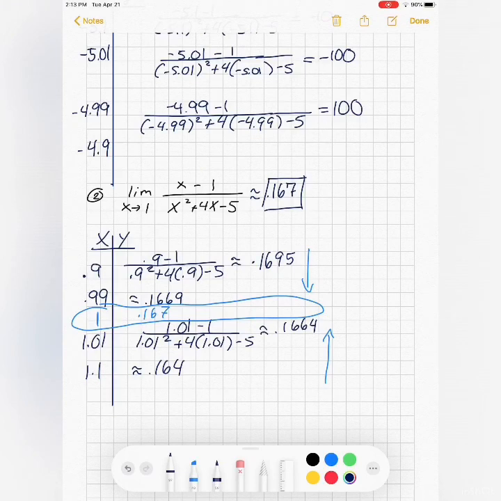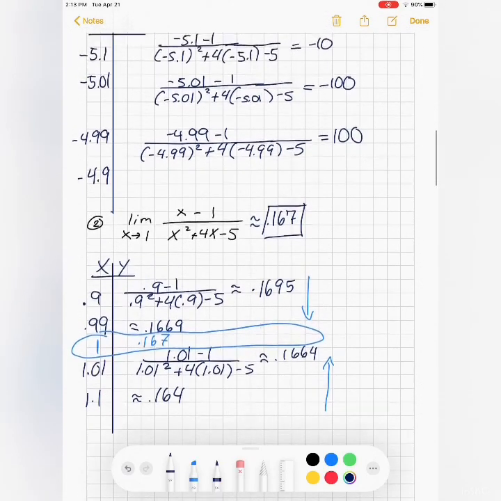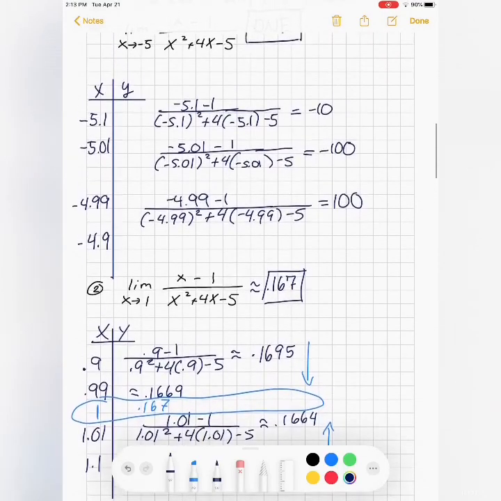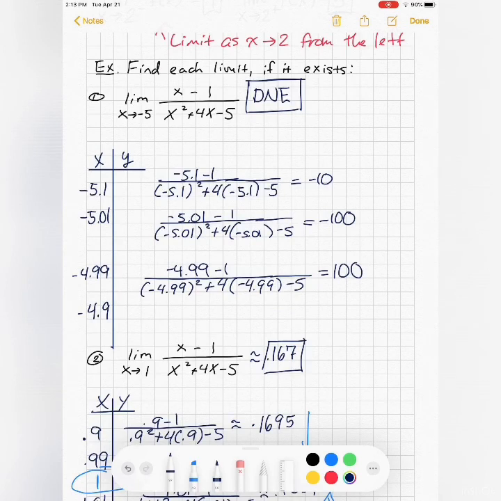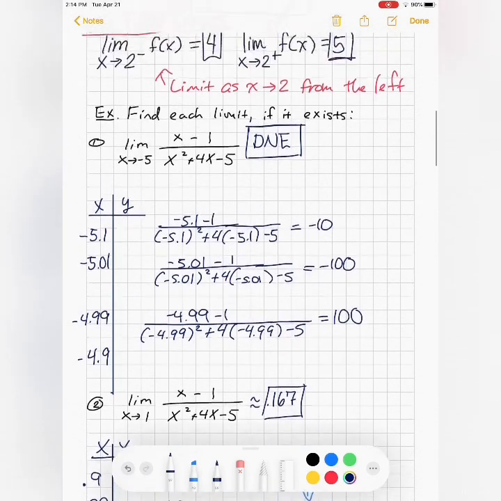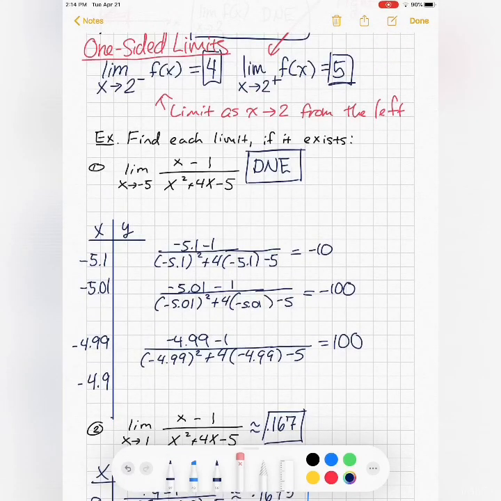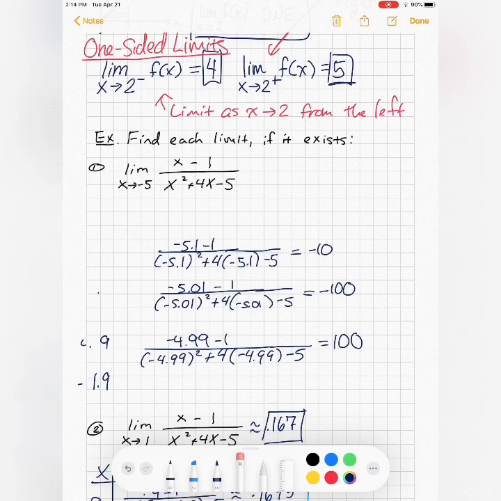So then, what about a different way other than using a table? A table is a nice backup method. If I have a function that I cannot manipulate algebraically, I may have to rely on a table of values to find the limit. But actually, with a rational function like this, I'm going to look at another idea.